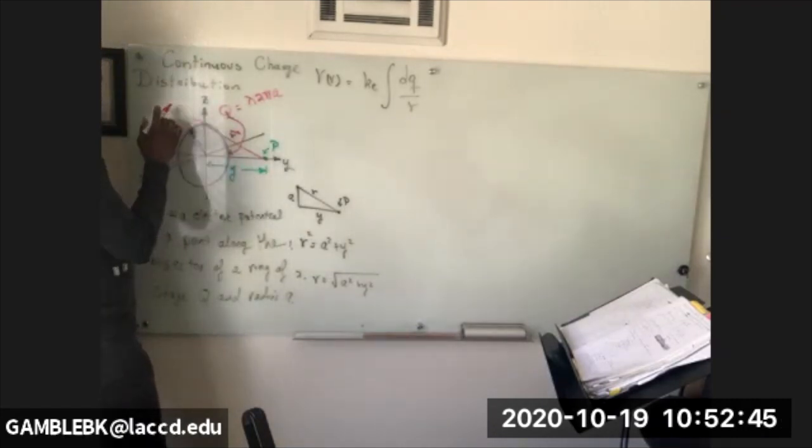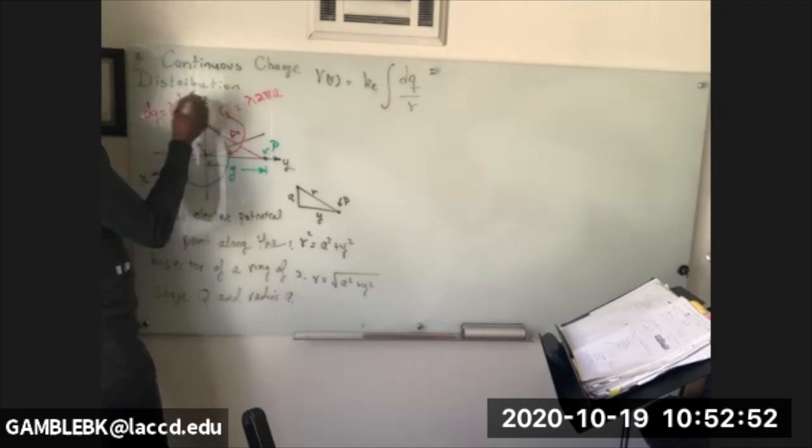So dq is going to be equal to lambda times that differential arc length, which I'll call ds.